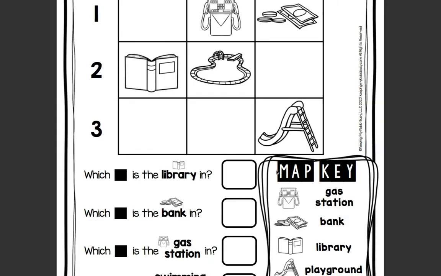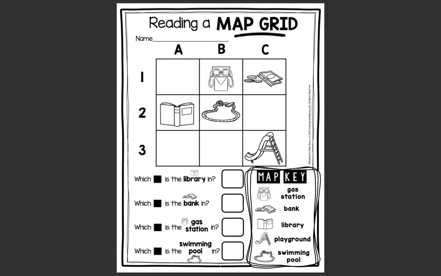So you guys are going to get a map grid that looks just like this one. Okay, it looks just like this one. You are going to find where the gas pump is, some money, which is going to be the bank. You're going to find out where the library is. You're going to find out where the swimming pool is.